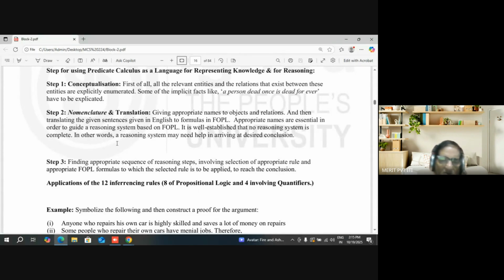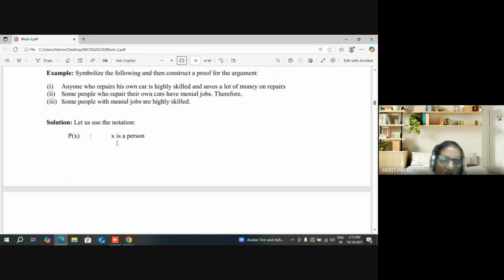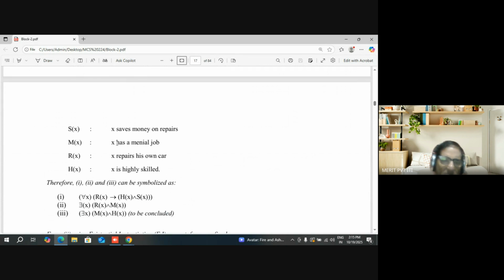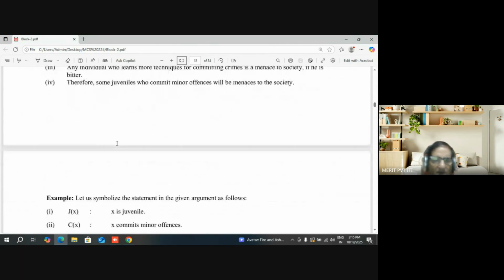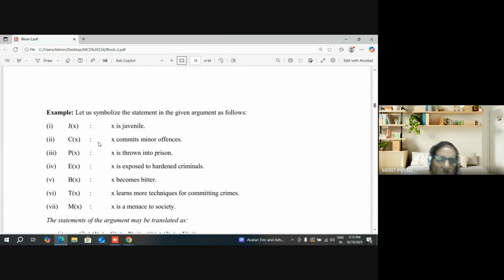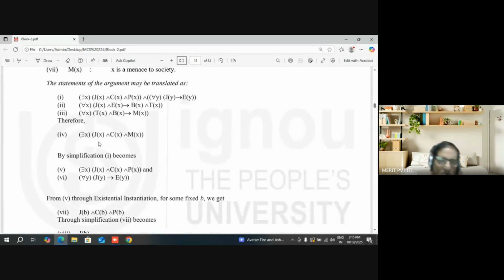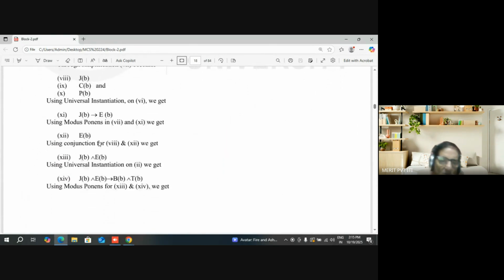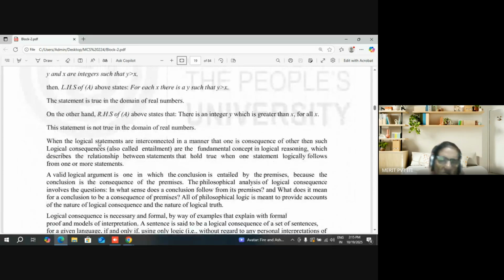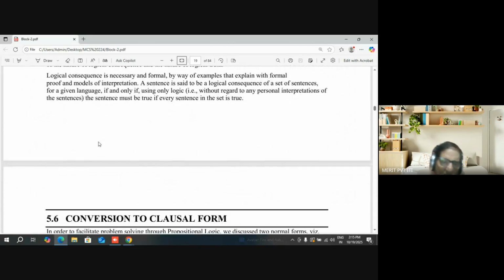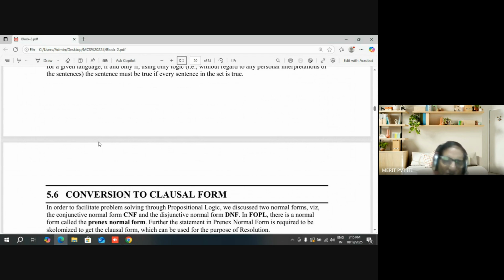Application of 12 inference rules, 8 of propositional logic, 4 involving quantifiers, ये सारे concept ये सारे बताए हुए हैं, you can see that. If you have some doubt, you can ask me. I'll be able to help.